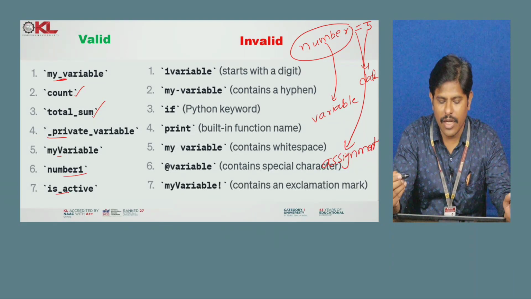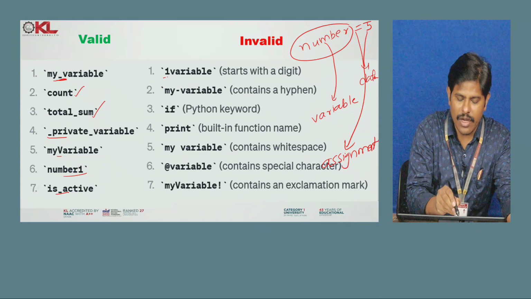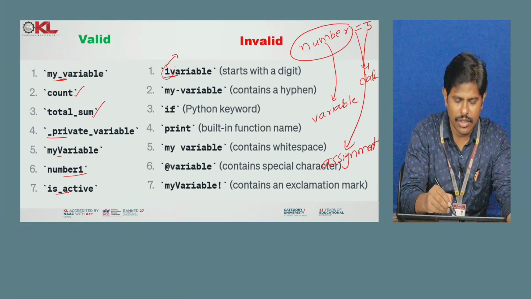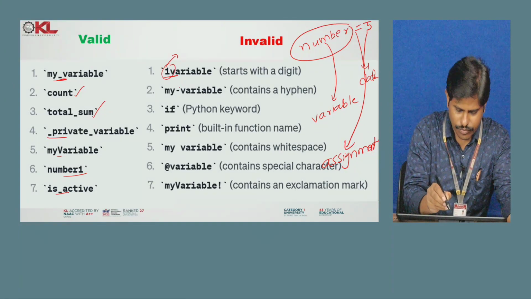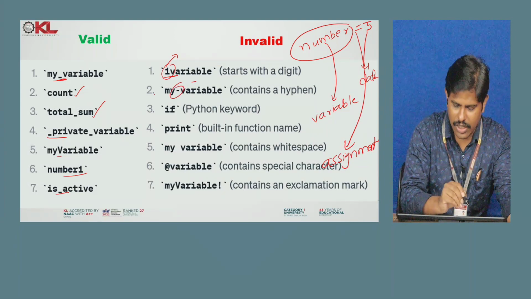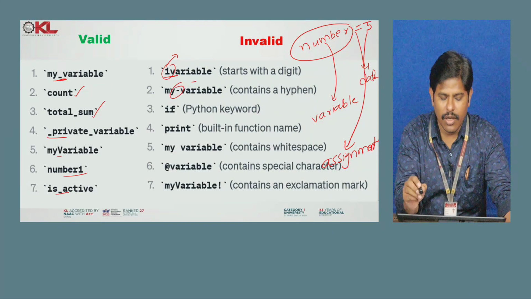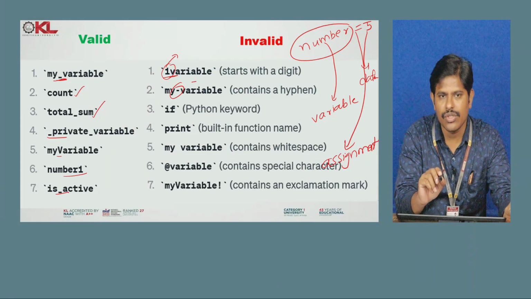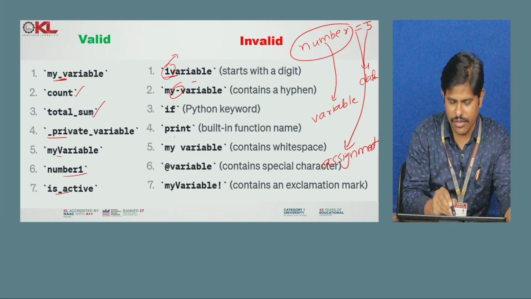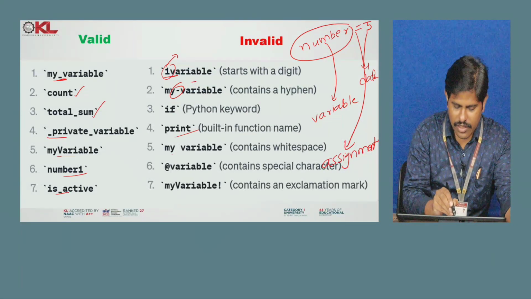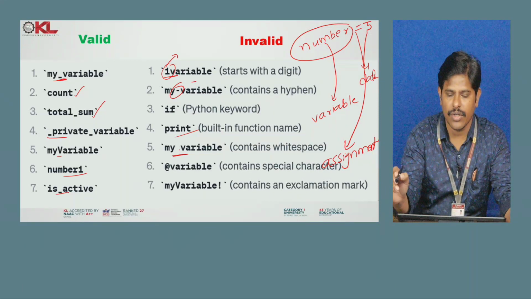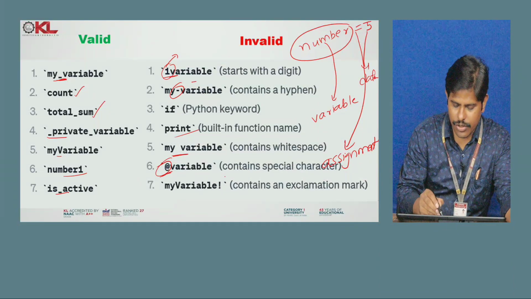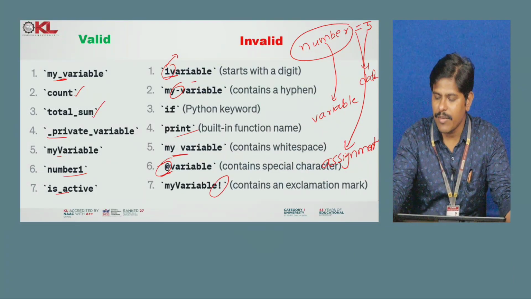You should not start your variable name with digits like 1 2 3. Hyphen or dash is not allowed. Keywords, all these 35 reserved words, can never be used as variable names. Print functions, or spacing between words in variable names, is not allowed. And you should not start with the at sign, or use such special symbols in naming your variables.